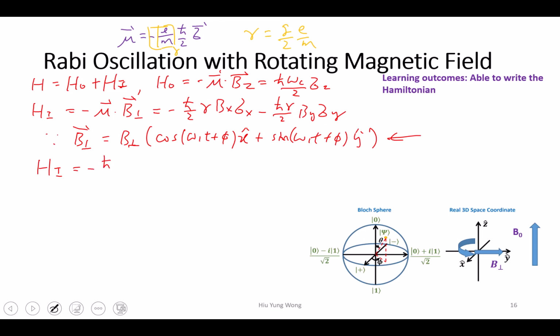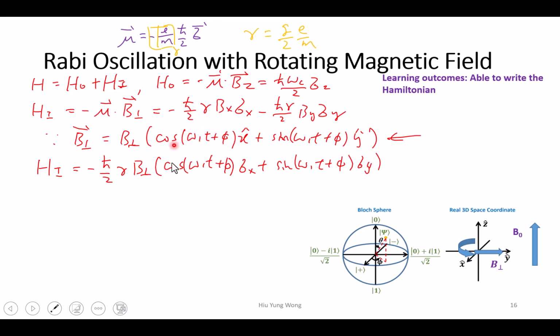Negative h bar divided by 2 gamma B vertical times cosine omega 1t plus phi sigma x plus sine omega 1t plus phi sigma y. So how do I get this?